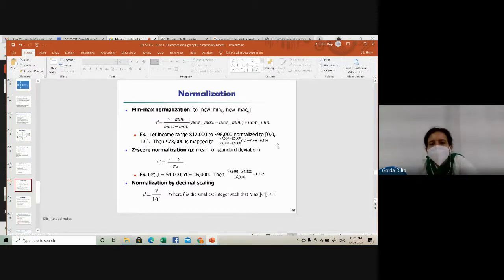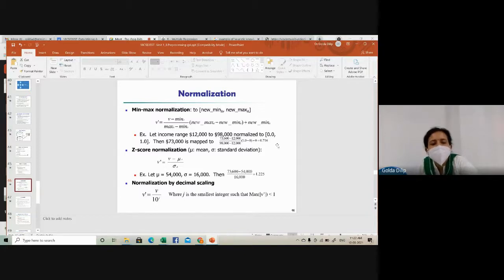This is an ordinary case, but in case there are outliers, noise, or some values that are going to dominate the min-max normalization, then you go for your z-score normalization. The formula is given here, so you can work it out. In z-score normalization you're given the mean and the standard deviation, so it is based on your average value and the standard deviation.